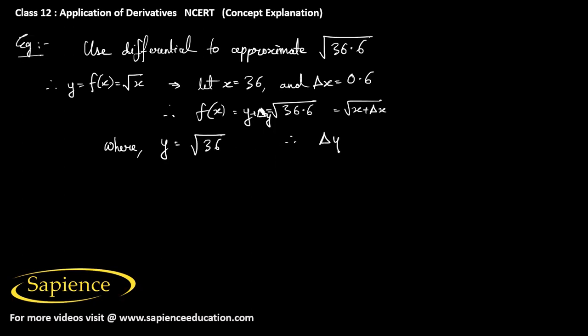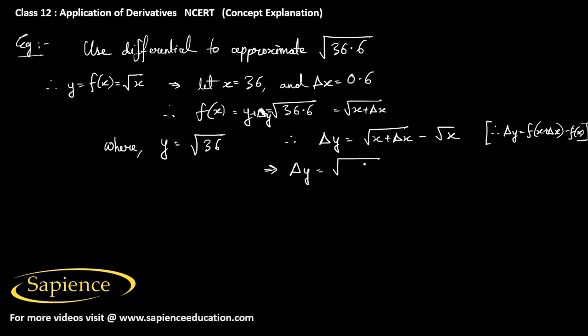Now therefore delta y can be written as root over x plus delta x minus root x, since we know that delta y equals f of x plus delta x minus f of x. So therefore this delta y will be written as root over 36.6 minus root 36, which is 6.